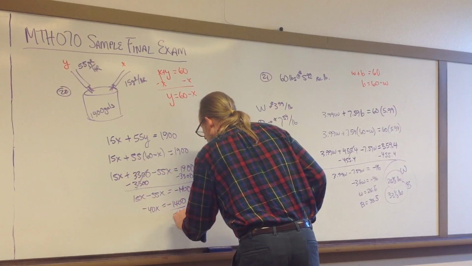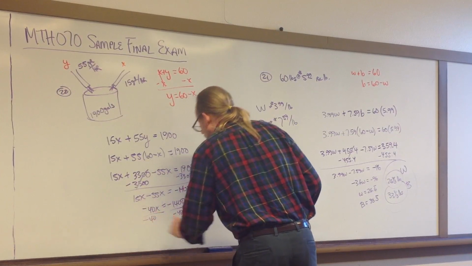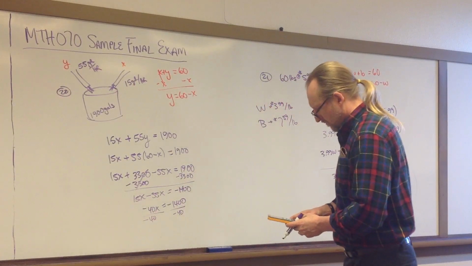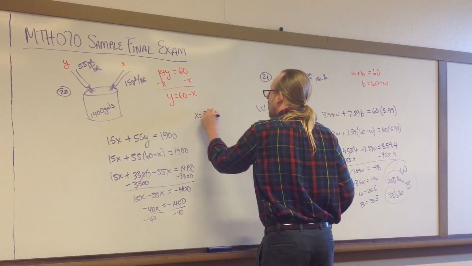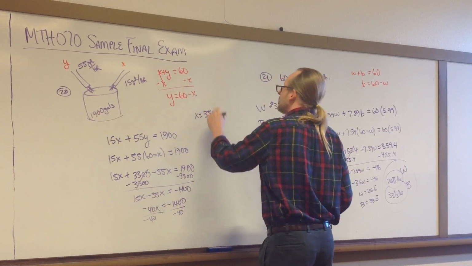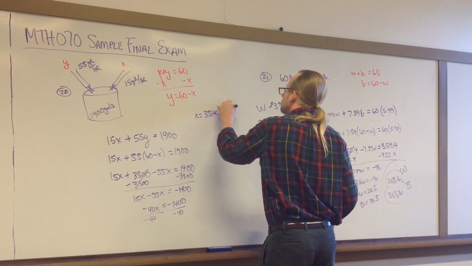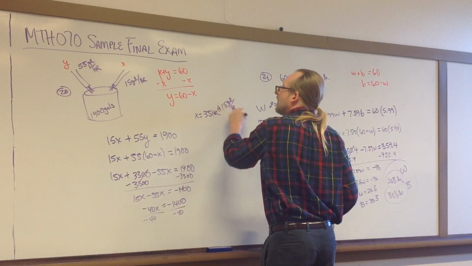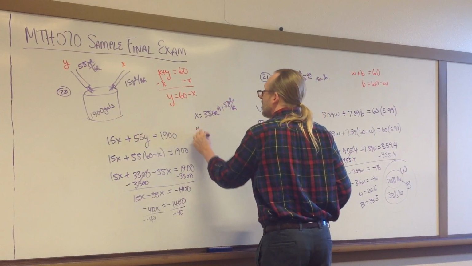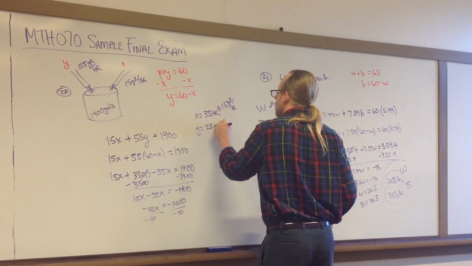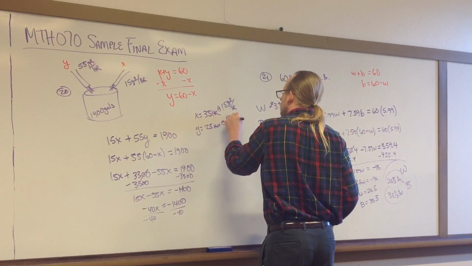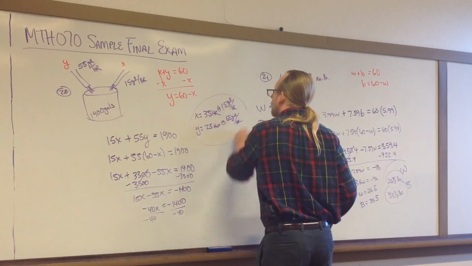And so then we'll just divide on both sides by negative 40. X equals 35 hours. So 35 hours on the 15-gallon spigot, and then the other one will be 25 hours, 60 minus 35, on the 55-gallon spigot. And there we go.